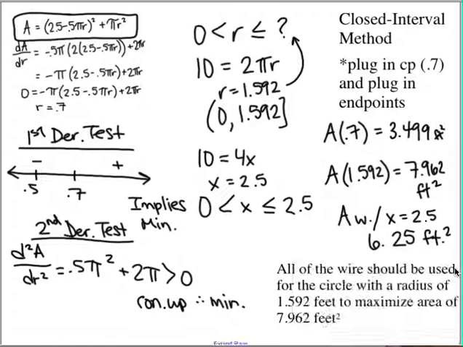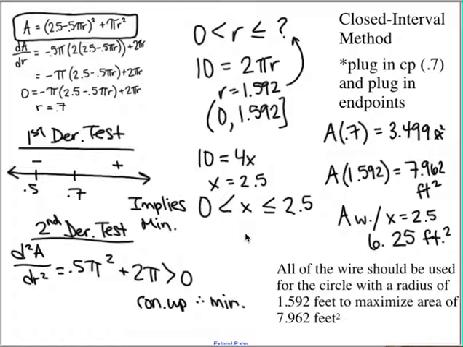This tells us that we should use all of the wire for the circle to maximize an area of 7.962 square feet. We're not actually going to use a square and a circle, because our objective was to maximize area. To get the largest area, we should only use the wire for the circle and not for the square.